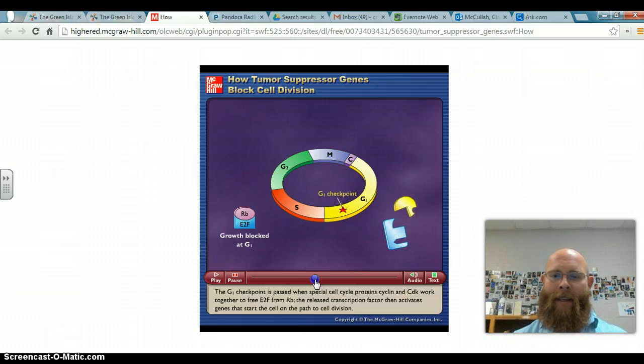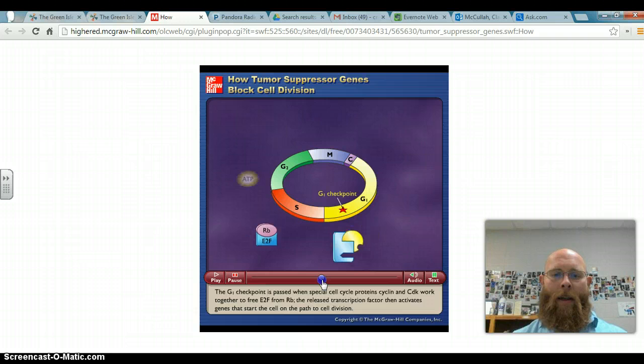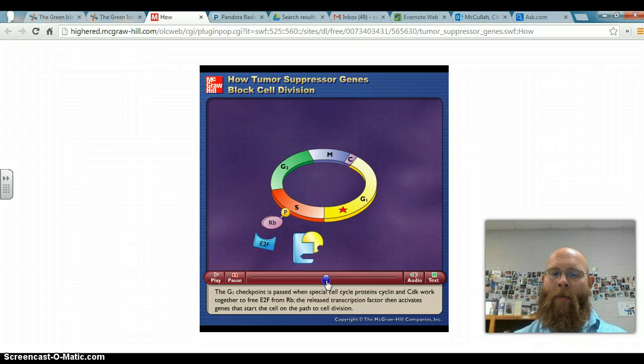When CDK and cyclin combine with one another, then, and I understand this animation doesn't show everything, but in a simplified manner, they interact with that RB-E2F complex, that combination of those two proteins, and cause E2F to separate from RB. When E2F is separated, it signals another pathway to start, which is necessary to make the cell progress into the next stage of the cell cycle.